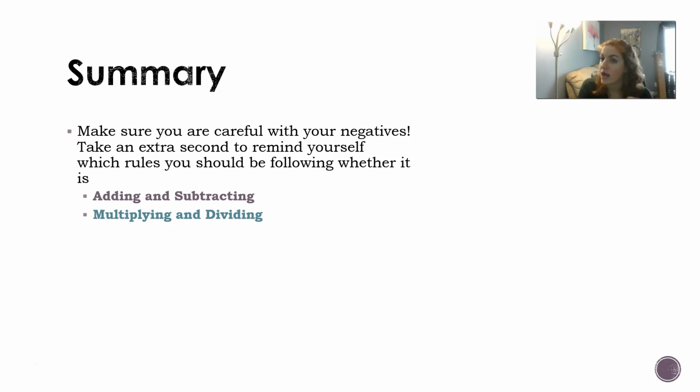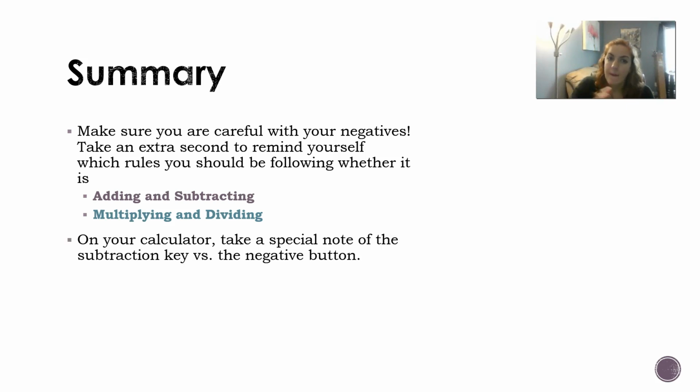If it's adding and subtraction, go through the money example. If it's multiplying and dividing, make sure you're using those two rules we have for negatives, okay? And keep in mind they have two separate rules for each of them. In the long run, if you slow down and take your time with the negatives, it will make your life better. You'll become faster at it.